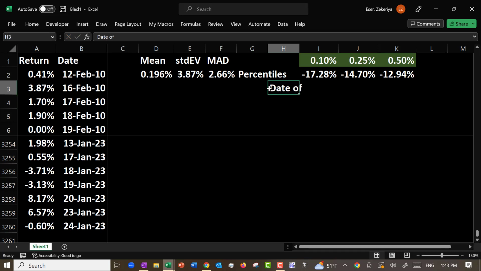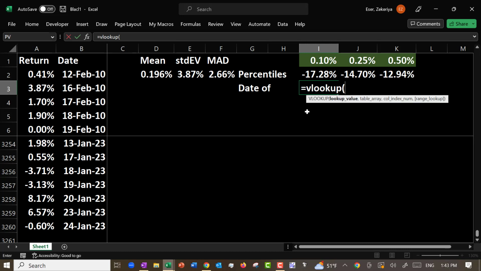You can even find the date of it. It won't be exact, but you look up that value in this range.